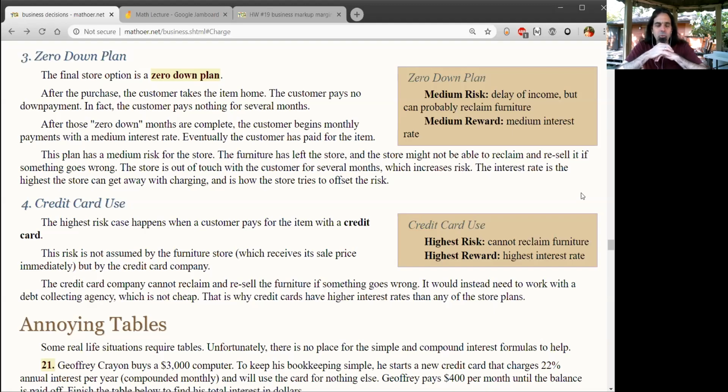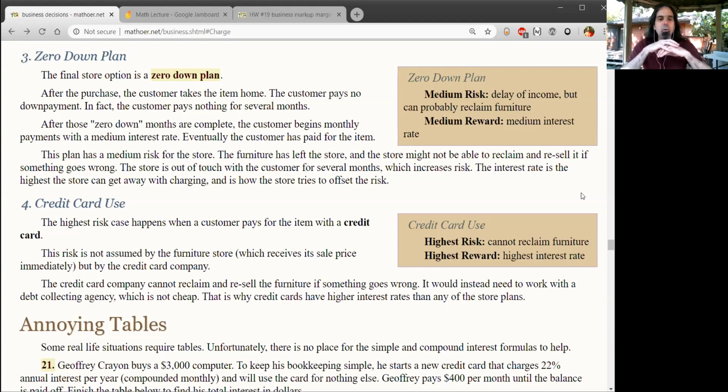Whereas the credit card store just has to send a debt collector, and if you are bankrupt, then too bad on them. So there's more risk to the credit card because they have 0 chance of physically getting the object back. Whereas whatever store sold it to you probably won't get the object back, but maybe. And so there's a little less risk. So the highest interest rate goes with the most risk, which is the credit card.